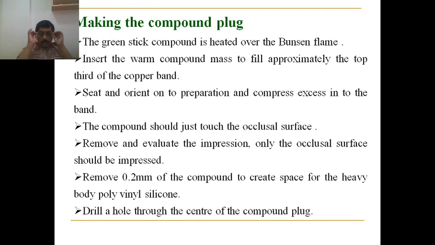Now, the next step is preparation of a compound plug. For this, we will use green stick compound that is heated on a Bunsen flame. Warm the compound mass and fill approximately the top third of the copper band. Seat and orient it on the preparation and compress the excess into the band.